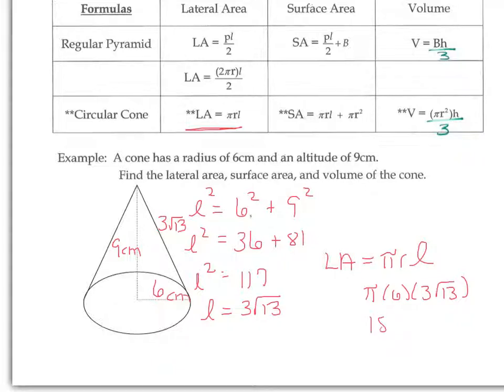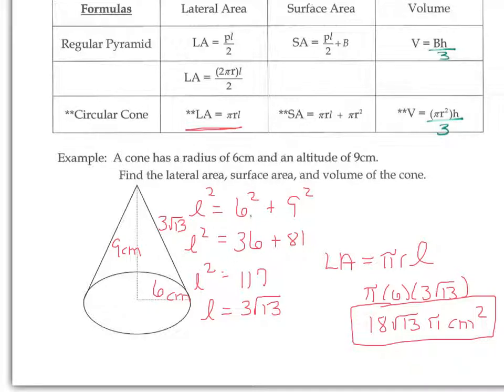So we have 18 square roots of 13 pi centimeters squared. That is your lateral area. Wait, I thought you could multiply 6 and 3. You multiply what's outside. You can't add them, but you can multiply them. It's like if you had 2 times 3x, you could multiply the 2, but you couldn't add those together.